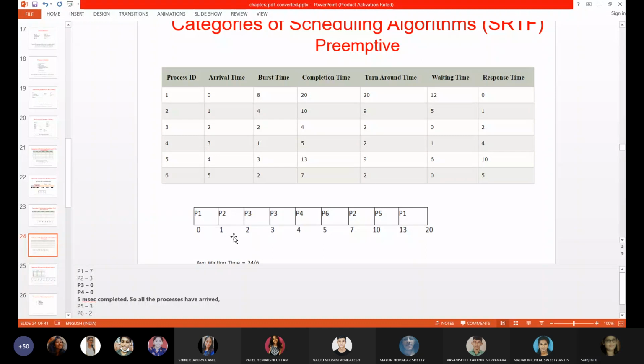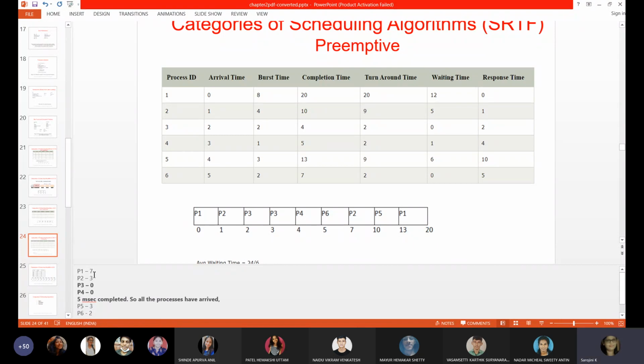When 2 milliseconds get over, which processes are there? First 3 processes. But the third process, which arrived recently, has CPU burst time 2, which is less than the previous 2 processes.